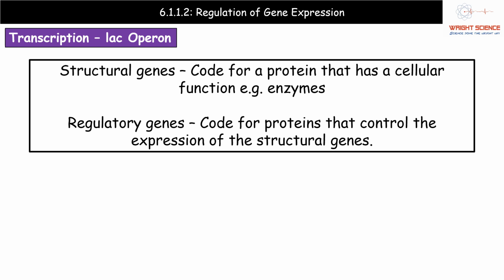So your enzymes are going to have a particular function within the cell, and therefore they are coded for by a structural gene. The regulatory genes are going to be coding for proteins that control the expression of those structural genes. If you think about what regulation is, it's all about controlling things. So regulatory genes code for a protein that controls the expression of the structural genes.